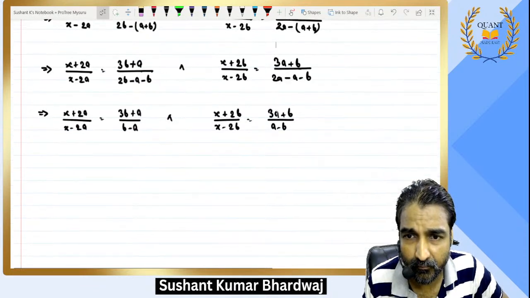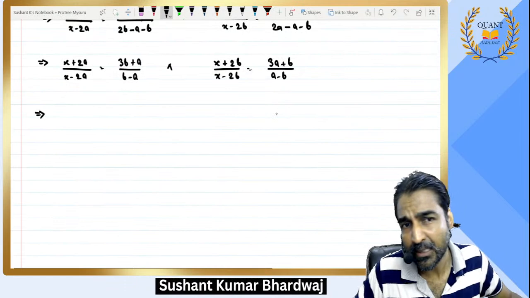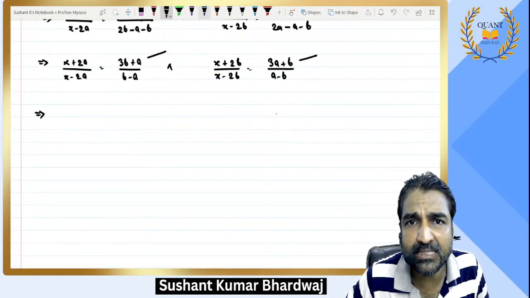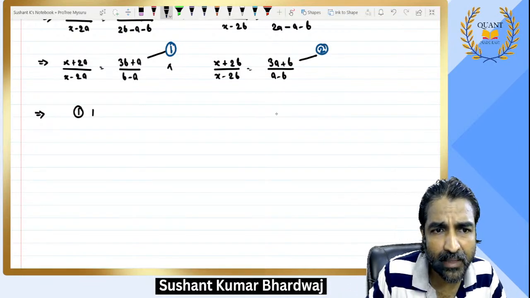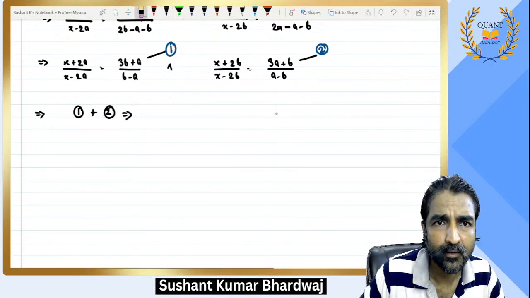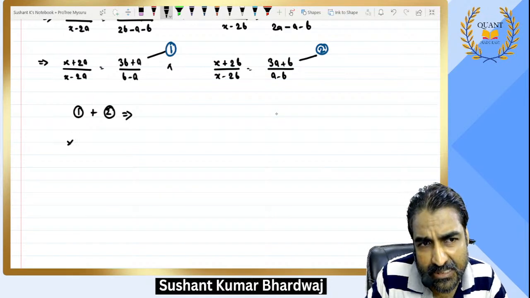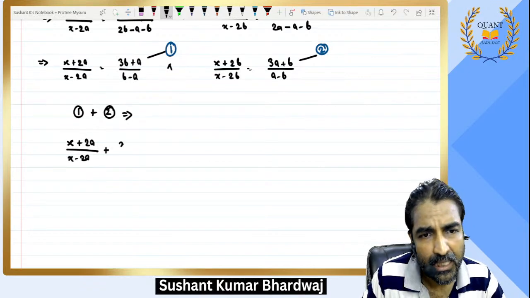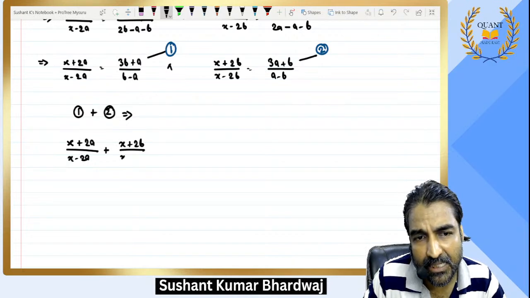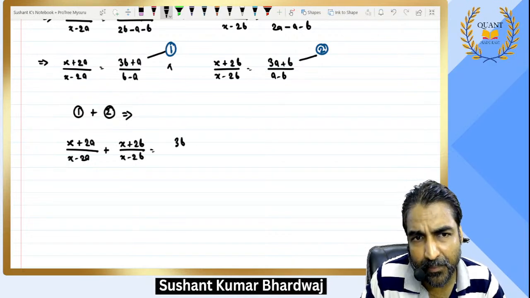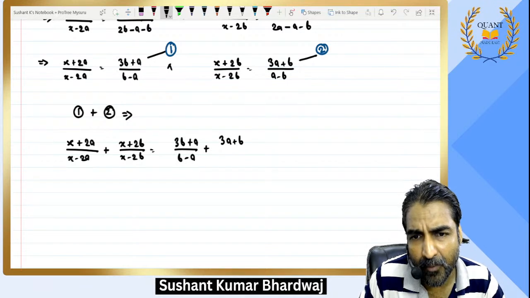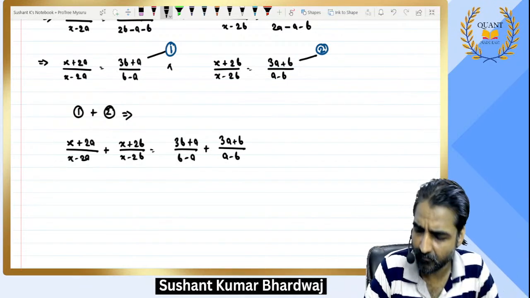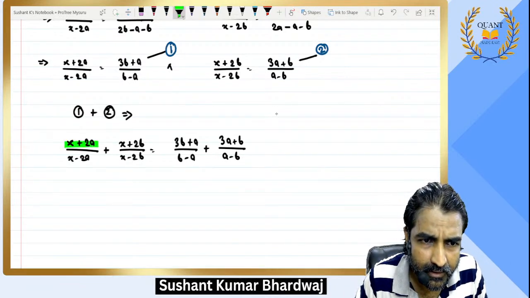Now if we suppose this one as 1 and this as 2, then 1 plus 2 implies x plus 2a upon x minus 2a plus x plus 2b upon x minus 2b is equal to 3b plus a upon b minus a plus 3a plus b upon a minus b, right? So this was our question.